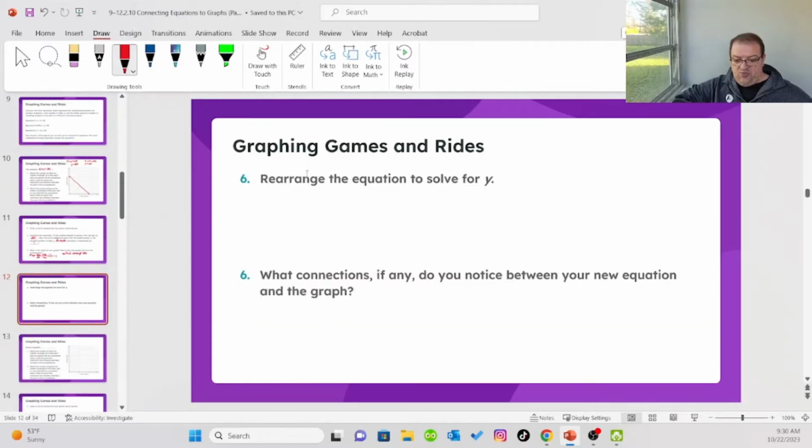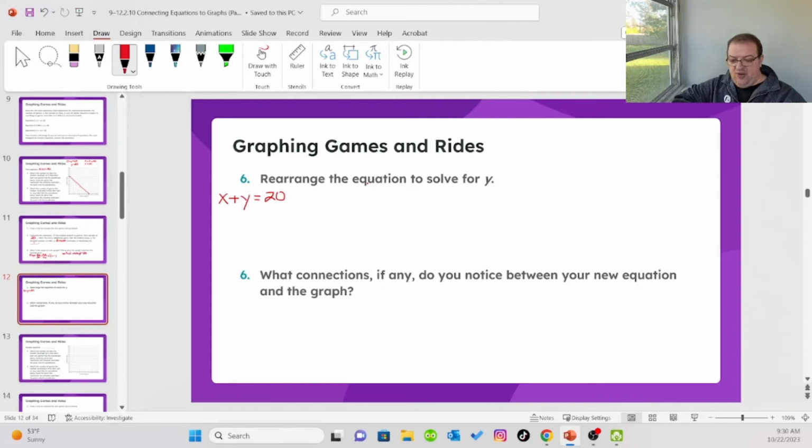Now they want us to rearrange the equation to solve for y. So if we remember, our original equation was x plus y equals 20. To solve for y means I want y by itself.